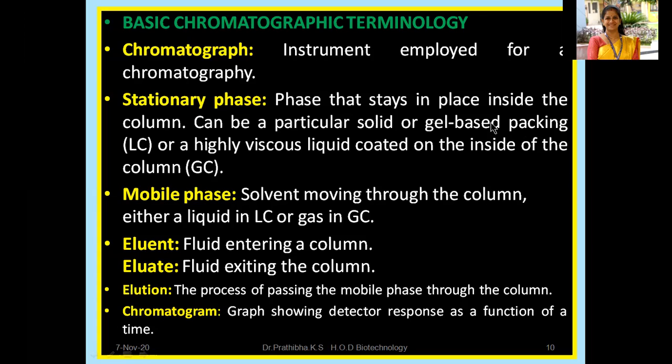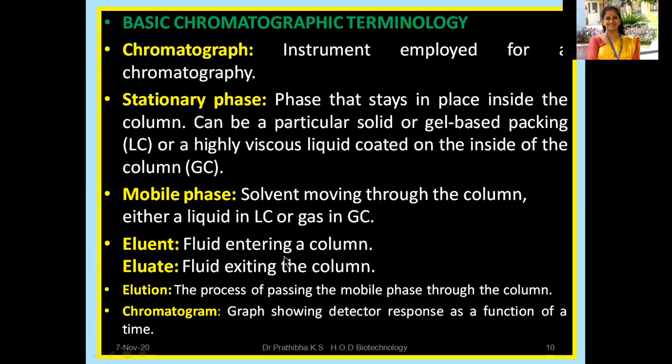When we use gel-based packing, there may be liquid chromatography, whereas in the case of a highly viscous liquid coated on the inside of the column, that is gas liquid chromatography. Mobile phase: solvent moving through the column, either in liquid chromatography or in gas chromatography.